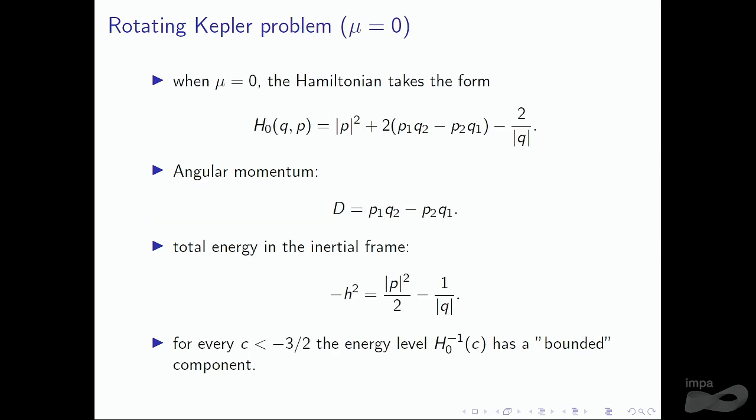Okay, so in order to give a description of the construction studied by Poincaré, in fact, Poincaré studied a perturbation of the case mu equal to 0, because it is much easier to study this case, which is called the rotating Kepler problem.